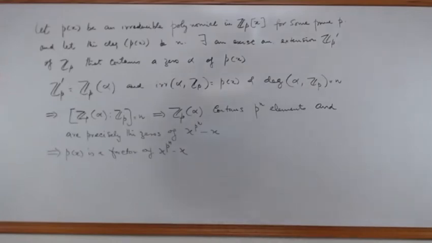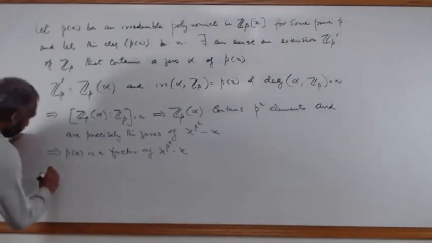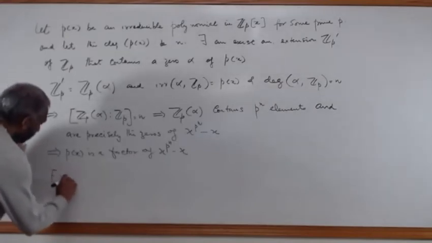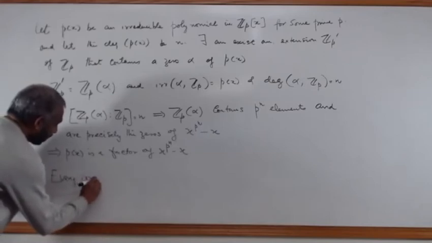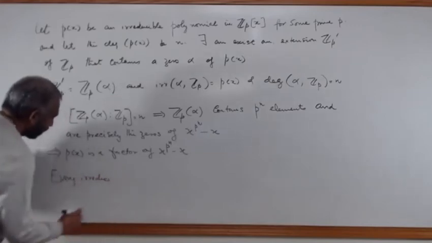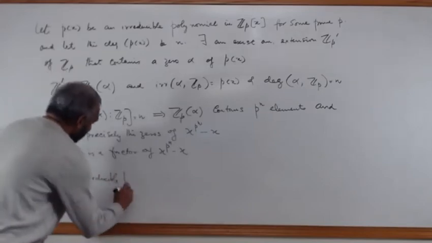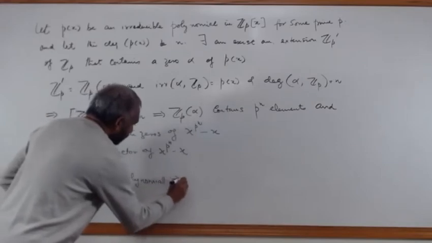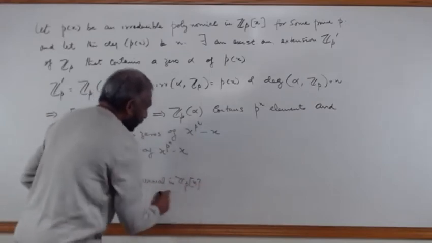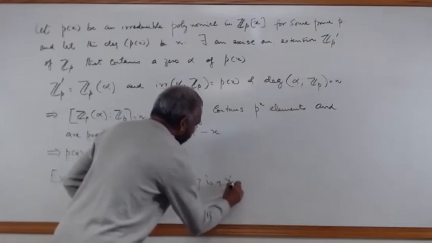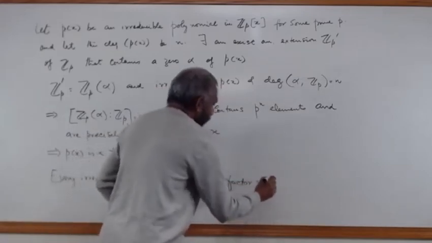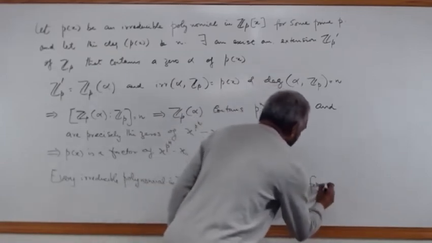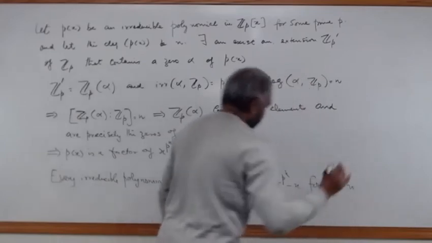So what we proved is, every irreducible polynomial in Zp of x is a factor of x to the power of p to the power of n minus x for some n.